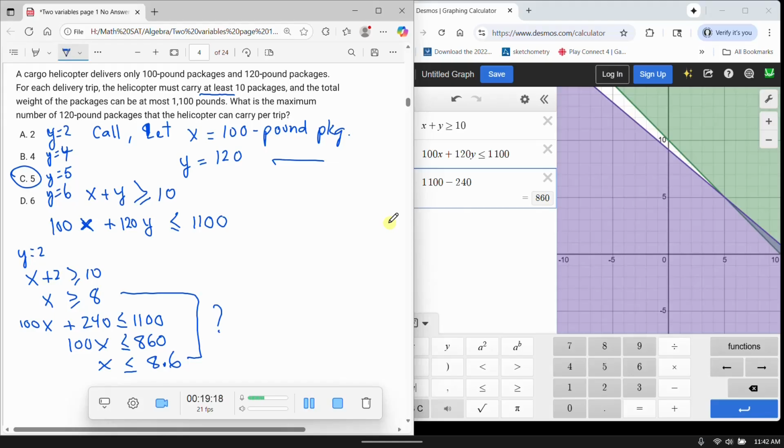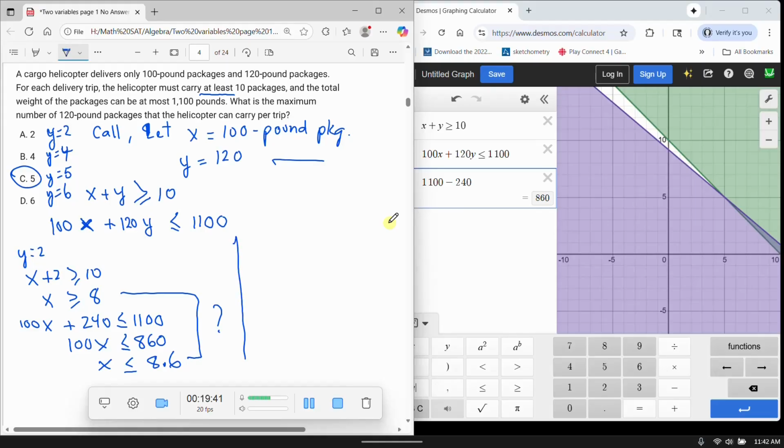All right, we can do the same thing with the other one, and you will get the same answer, that y needs to be equal to 5. So if you keep going, y equal to 5, and then you solve it.